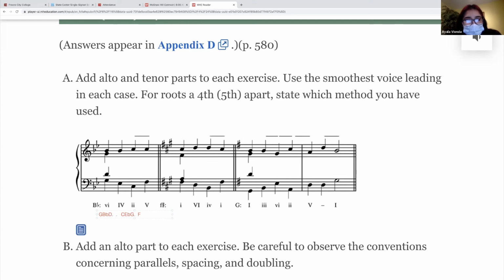This should be E flat, G, B flat, going to FAC. Are you with me? Yes.